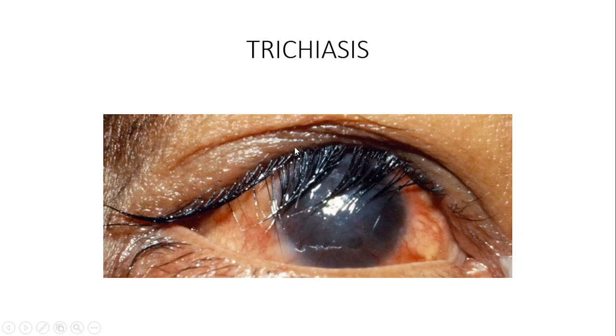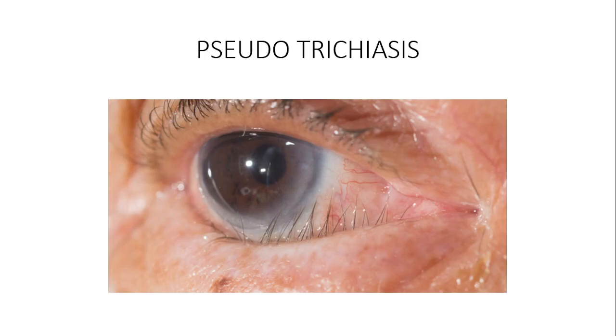Now, when we talk about pseudotrichiasis, what does that mean? To start with, there is an entropion. Entropion means that the eyelid margin has been turned inwards. If you look at the upper eyelid properly, it is in its normal position. But look at the lower eyelid.